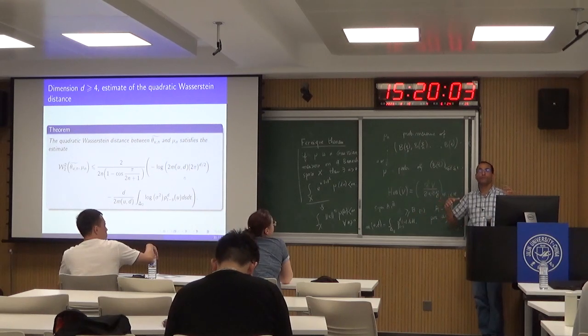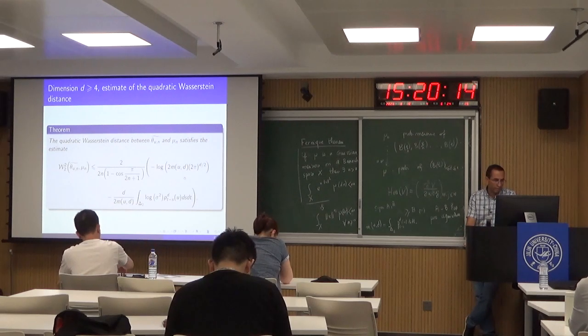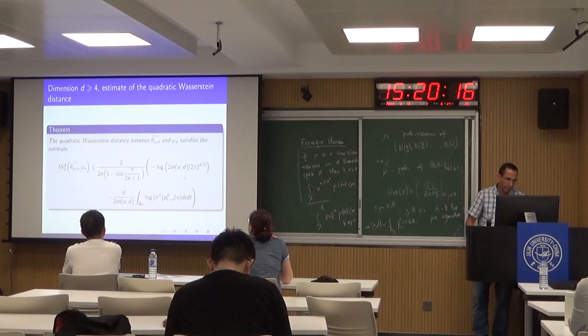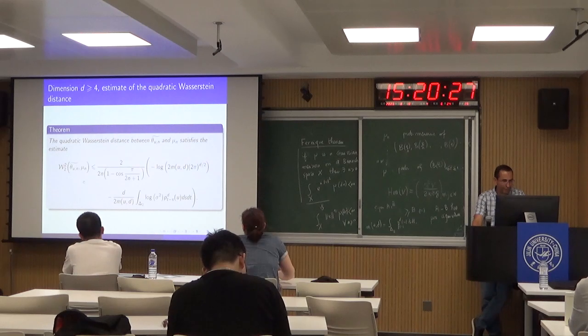They both live in an infinite dimensional space, and one is not absolutely continuous with the other. So maybe this estimate is good for fixed n, but there is no need to take n to infinity because it will be meaningless.